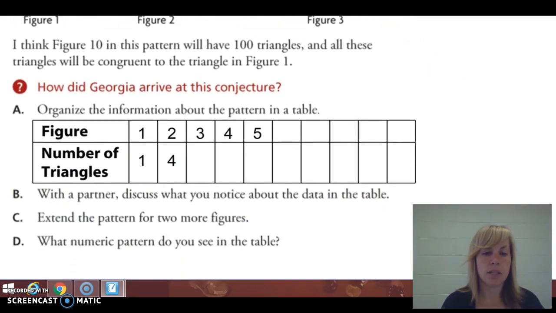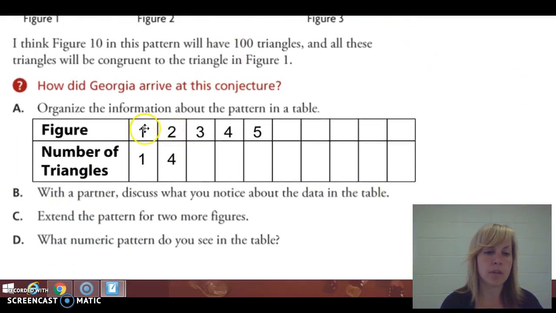So if we were to look at this table, figure 1 had one triangle, figure 2 had 4 triangles, figure 3 had 9 triangles. Whoop. It's supposed to be a 9. Then figure 4, I would guess, would have 16.